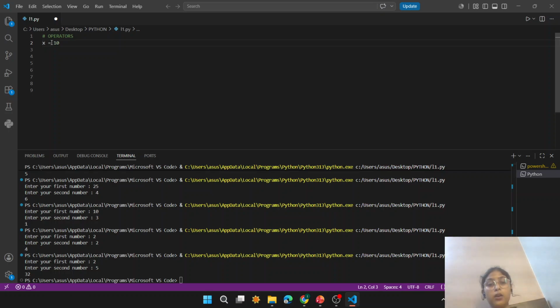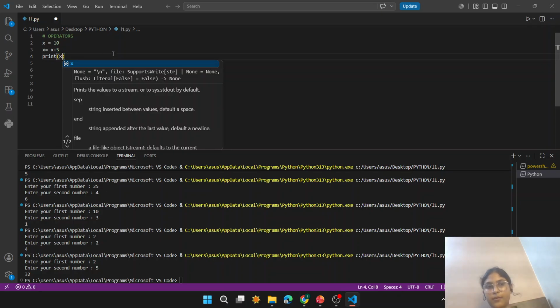Python has a simpler way. If you want a number, like you have to print z should be x plus 5. Either you can write it like this. We got the answer 50.